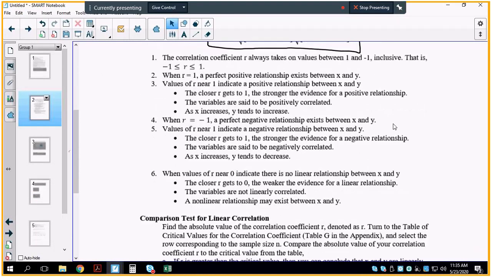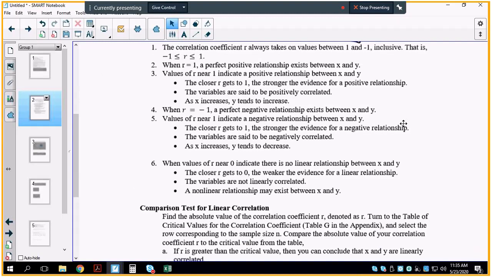There are certain facts that we would like to know about the correlation coefficient. The correlation coefficient R is always going to take a value between -1 and 1. Your values can be equal to -1 and 1, but cannot be greater than 1 or less than -1.